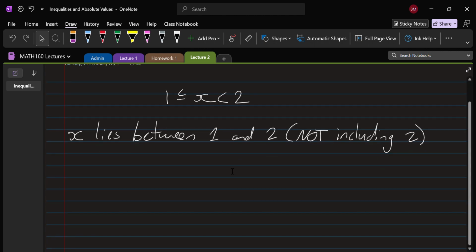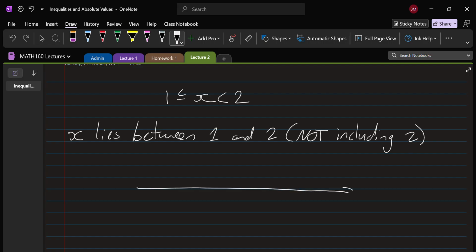We can also write this on a number line. So we all know what the real number line looks like. It will be something like this. Going to the right is infinite, going to the left is infinite. You've got all the numbers. Let's just put a few: 0, 1, 2, 3, minus 1, minus 2, and so on. We can write this inequality as an interval.